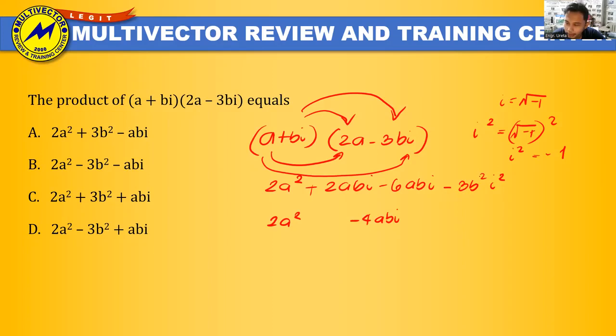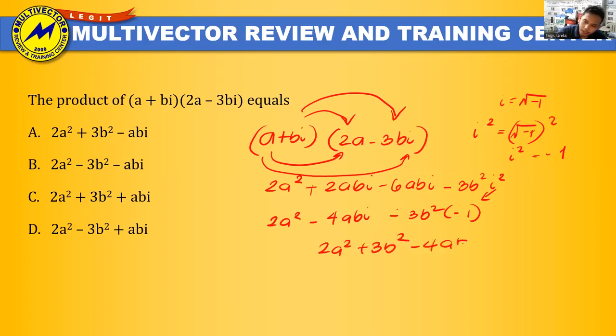And ito naman, sir, negative 3B square multiplied by negative 1, since i square ko is negative 1. Okay, so 2A square plus 3B square minus 4ABi.